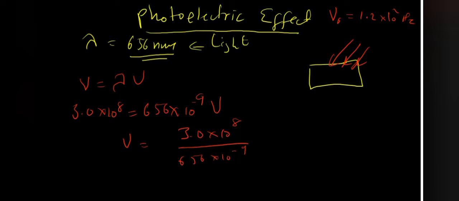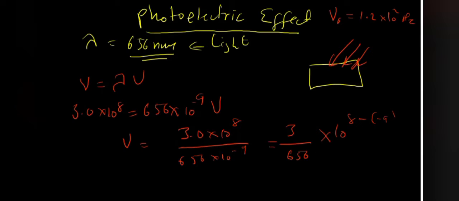Alright. So let's just divide 3 by 656 and then multiply by the powers. This is 10 to the power 8, this is 10 to the power negative 9. When dividing, you simply subtract the powers. That will be 8 minus negative 9. So what we're having is 3 divided by 656.